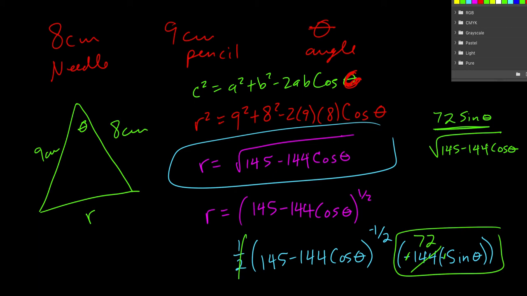They gave us a specific angle to test out, so they wanted us to plug in, let's see, what was it? 60 degrees. So if we plug in 60 degrees, we get 72 sine 60 degrees over the square root of 145 minus 144 cosine 60 degrees.